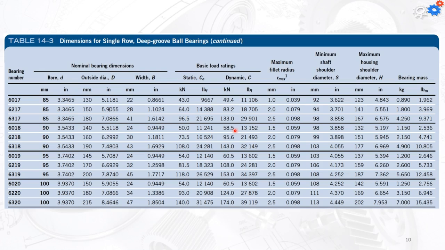I'm going to write that down somewhere on my paper, and we're going to use it later in my calculation. So 58.5 multiplied by 10 up to power 3, that will be the number of Newtons of the force C that we have.